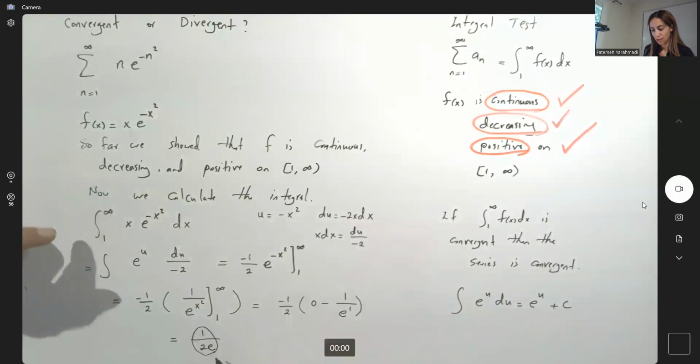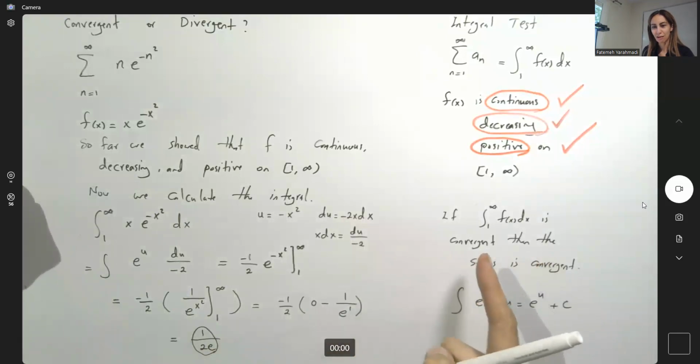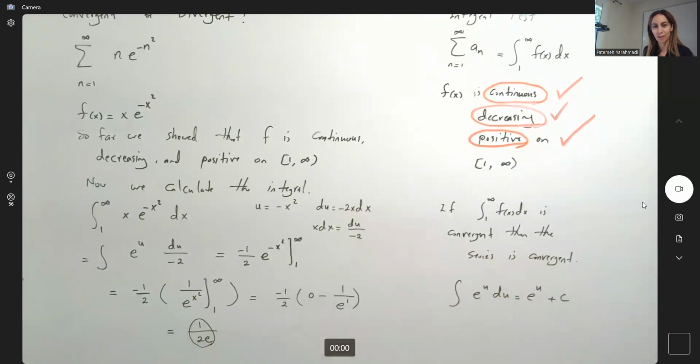So this integral is convergent to this value. We conclude that the series is also convergent. So this is our conclusion.